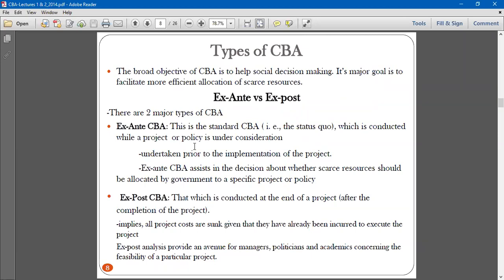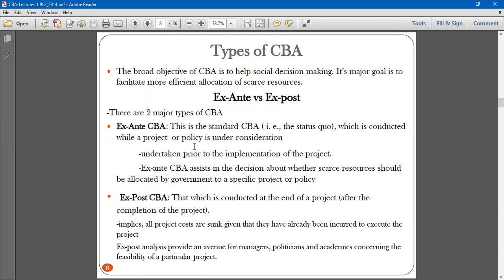Okay, we project the cost and then the benefits. So we haven't started yet. If we realize that the benefits are more than the cost, then yes, we have to start. That is ex-ante.